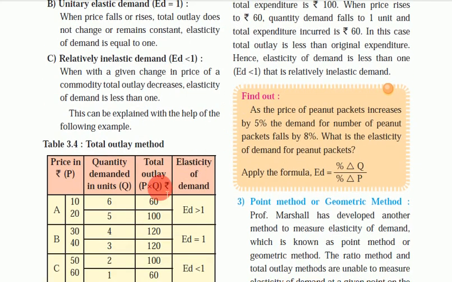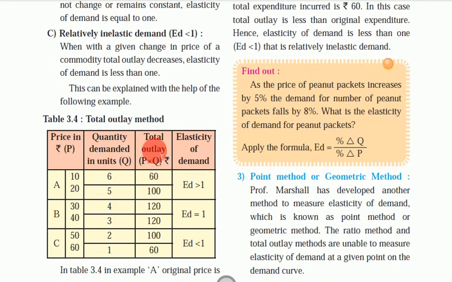Here we do not have to divide anything else. While calculating elasticity of demand, the point to keep in mind is the total amount of expenditure, whether it increases or decreases as compared to the previous expenditure.